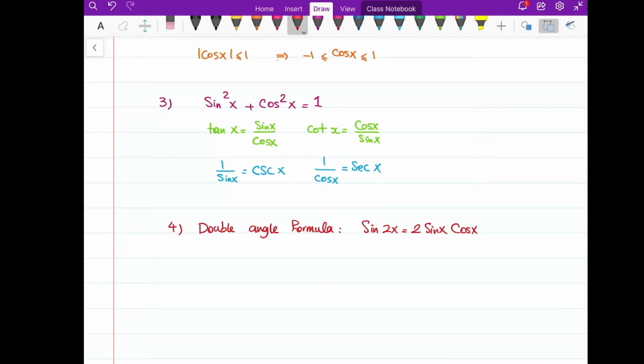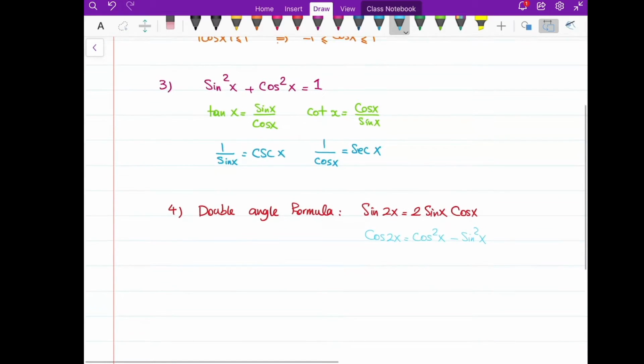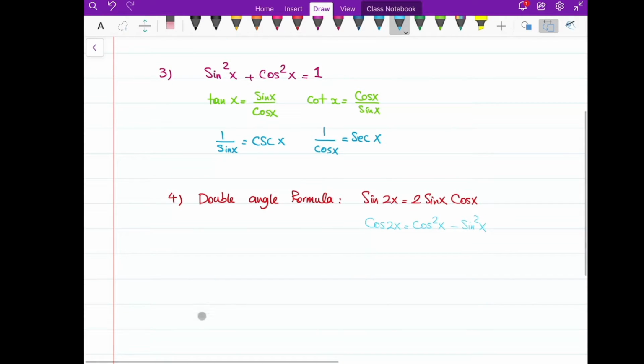And cosine of 2x is equal to cosine square of x minus sine square of x. Okay, for example, if I say, what is sine of 2 pi? You say sine of 2 pi is equal to 2 sine of pi cosine of pi. Okay, so something like that.